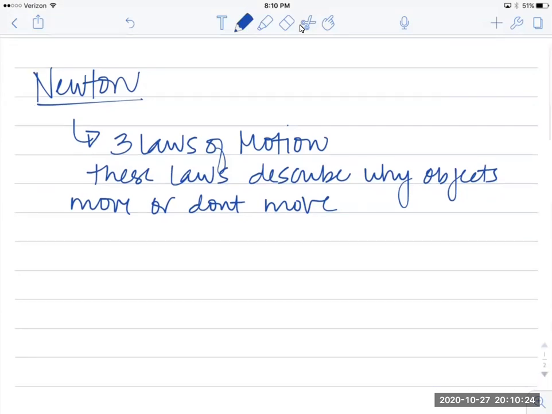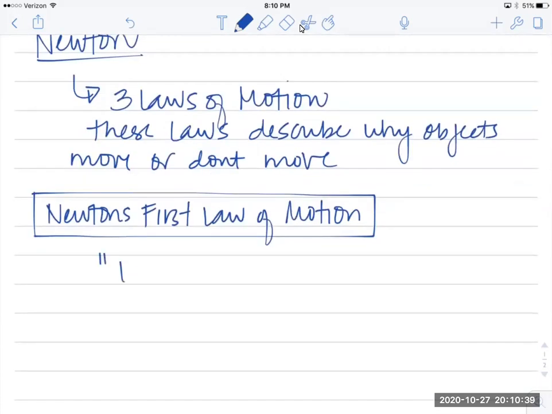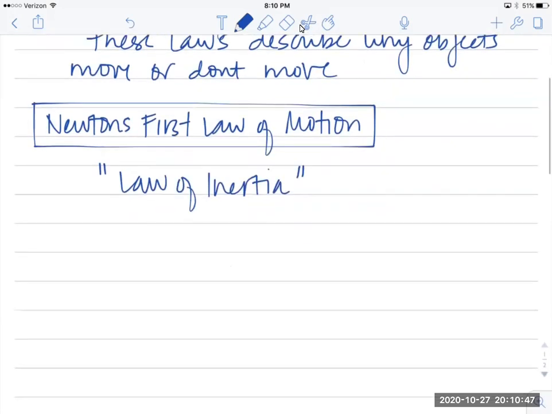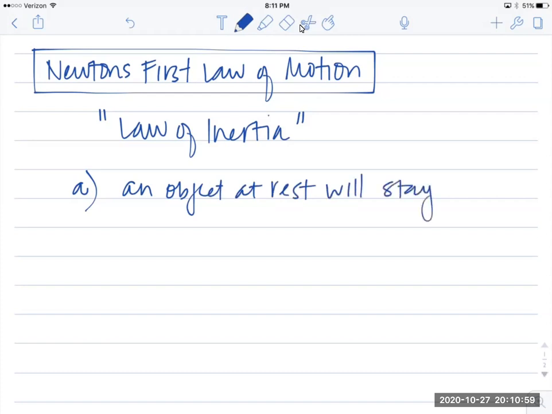So the first law, okay, is also referred to as the law of inertia. And this law actually has two parts. The first part says an object at rest will stay at rest.